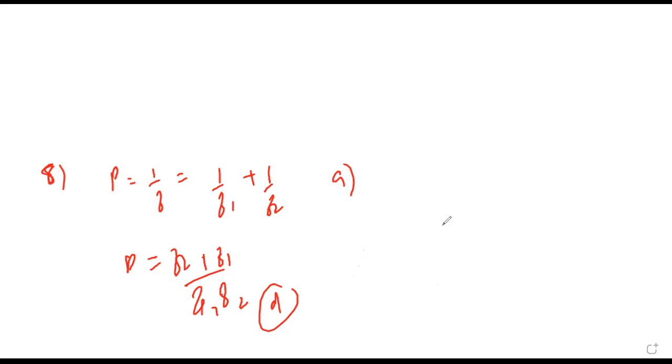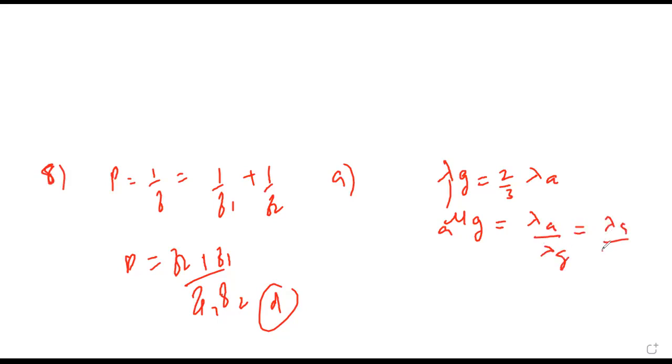Wavelength of light inside the lens, that means glass, is 2/3 that in the space. With this you can get the refractive index. So the refractive index of that lens with respect to air is lambda a upon lambda g, so lambda a upon 2/3 lambda a, that means 3/2. So the lens has refractive index 3/2.